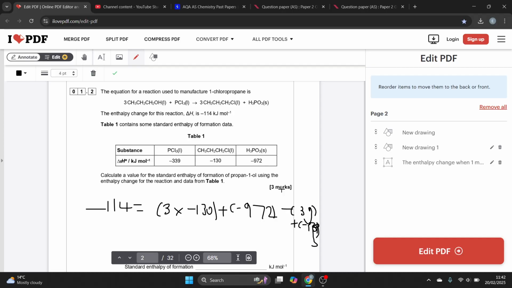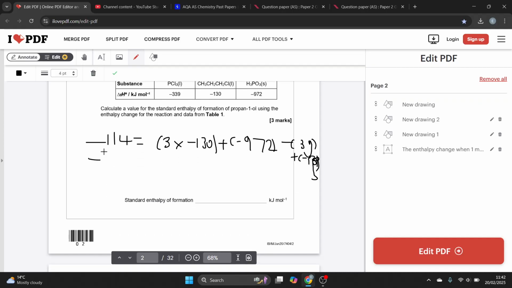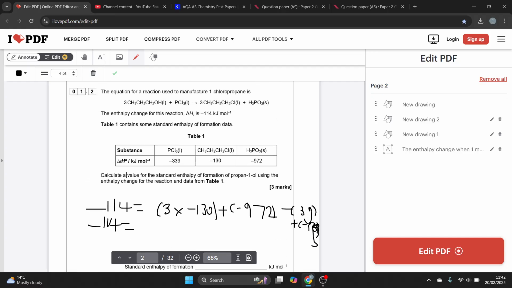Standard enthalpy of formation: enthalpy of products minus reactants. So, three y plus minus 339.